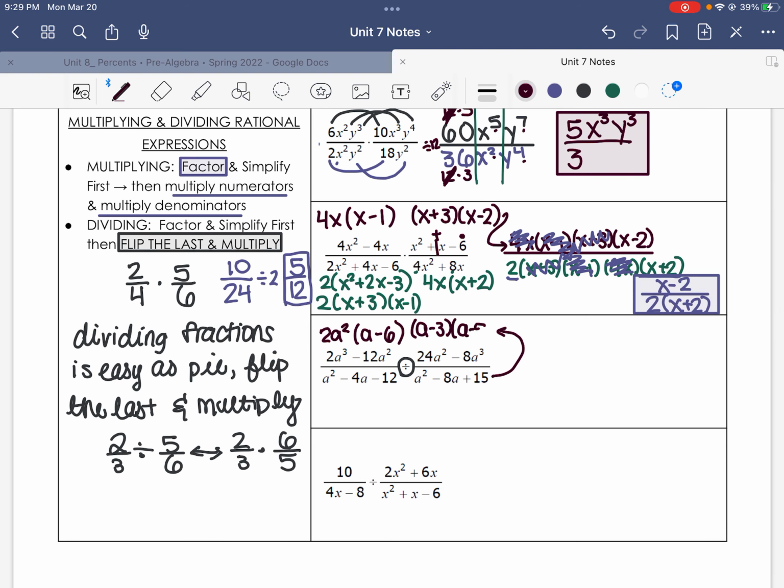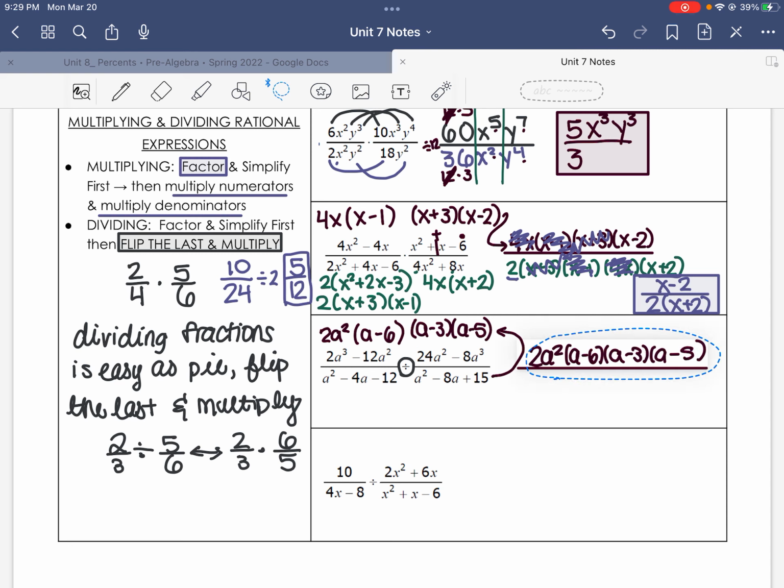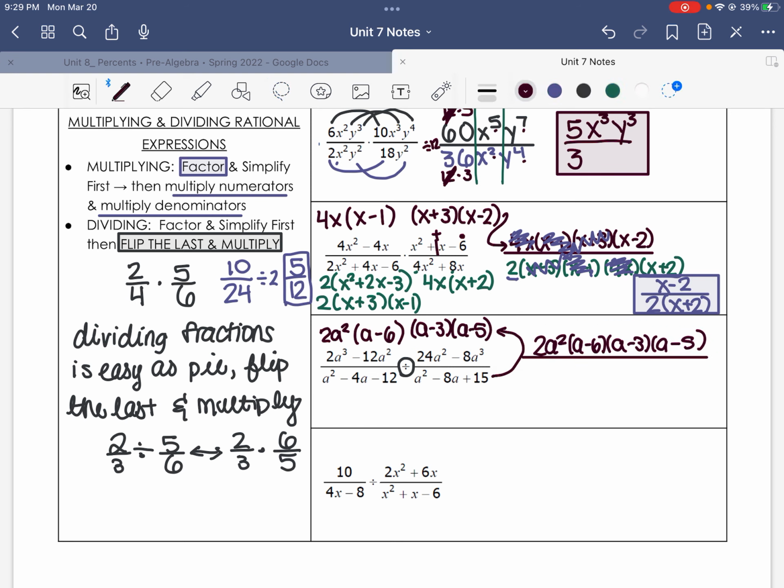So I have 2a squared, a minus 6, a minus 3, a minus 5 on the top. And actually, I'm going to move that up just a little bit. Okay, on the bottom, I need two numbers that multiply to negative 12, add to negative 4, which is a minus 6, a plus 2.